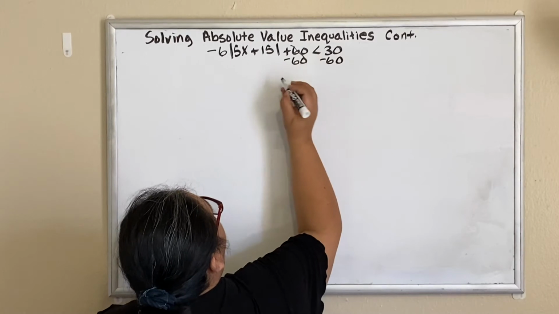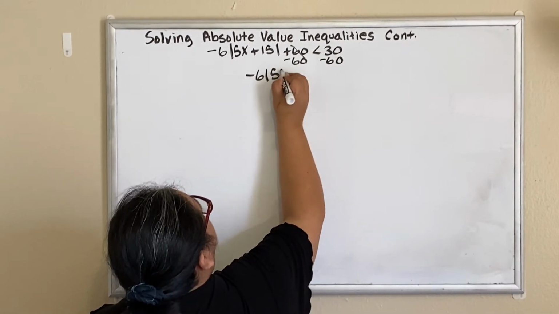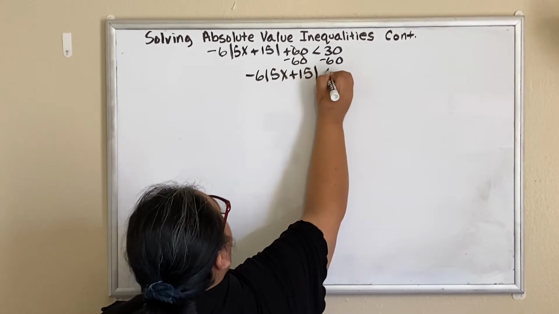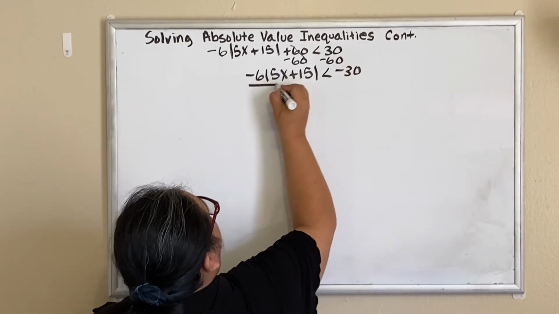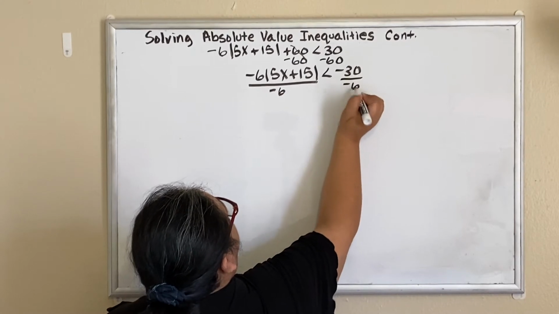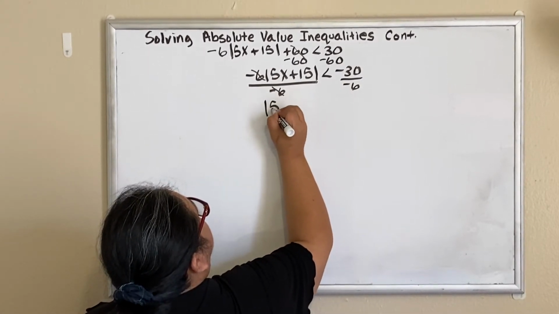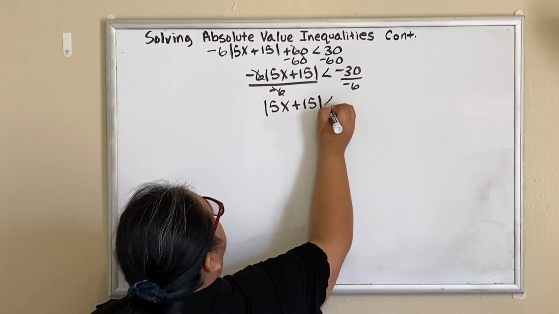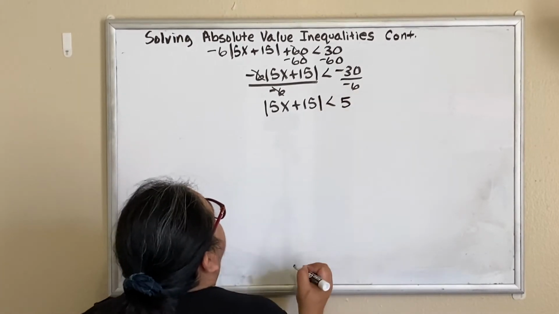So that's going to eliminate the 60, and we get negative 6 times the absolute value of 5x plus 15 is less than negative 30. We're going to divide by negative 6 on both sides, reducing the negative 6. So we get the absolute value of 5x plus 15 is less than positive 5.